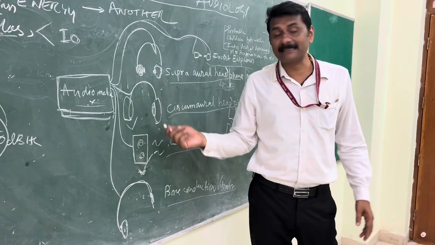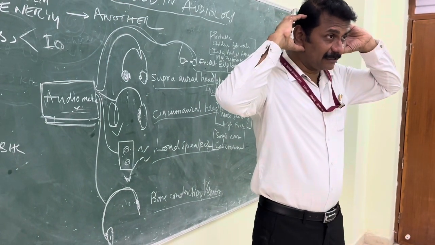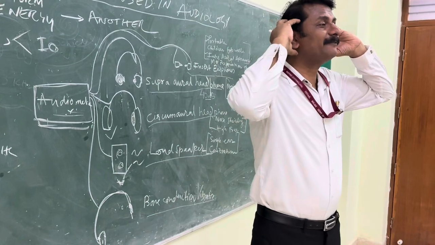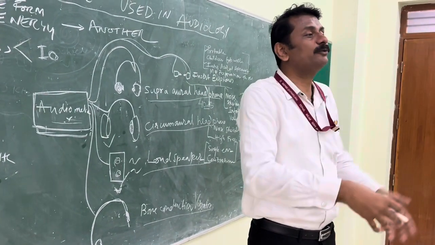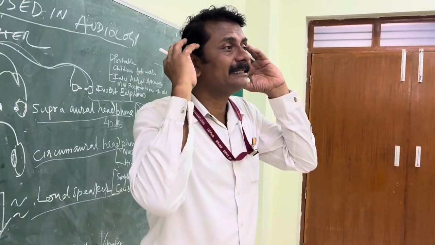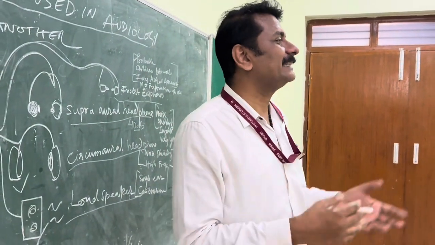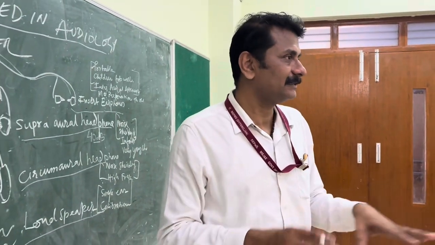This is known as a circumaural headphone. Circum means it goes across the ear like this. What are the advantages? It covers the ear completely. So if you are going to a screening camp or some other place, it's a very good one because it tolerates noise. Second thing is that the high frequency tones can be given better in this. Clear?